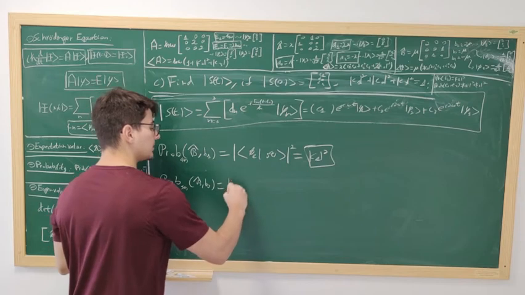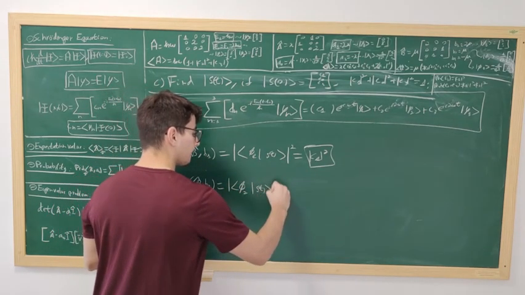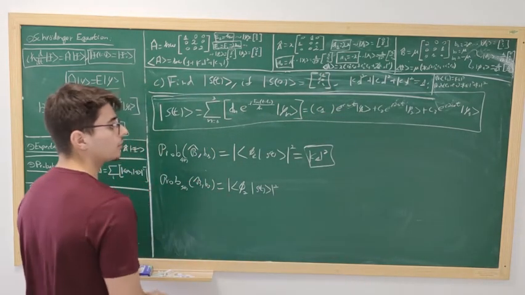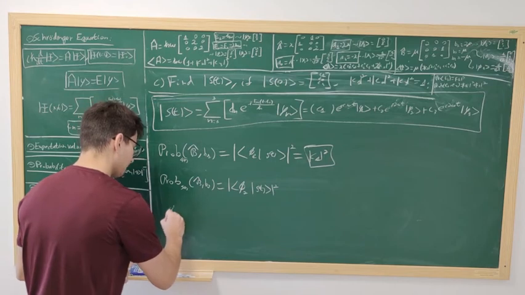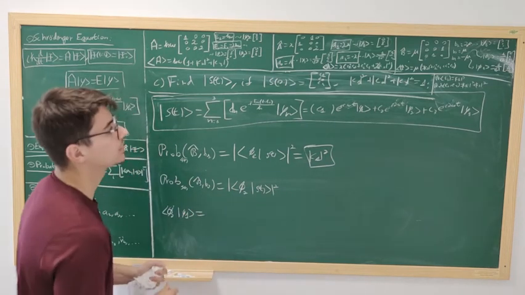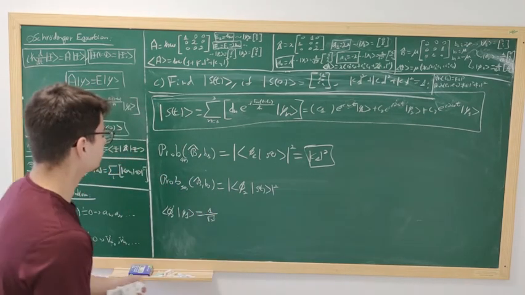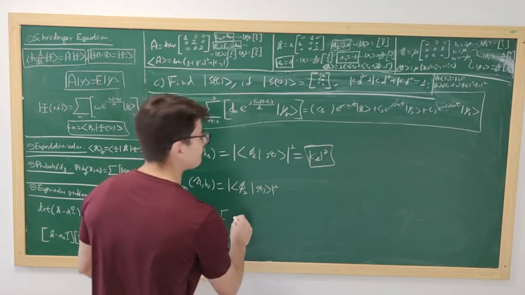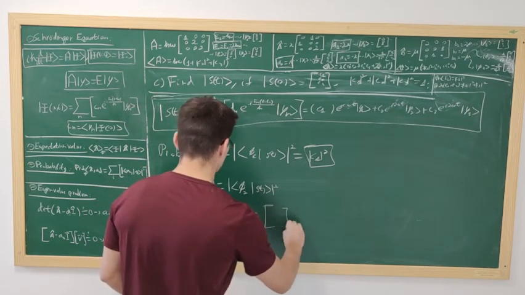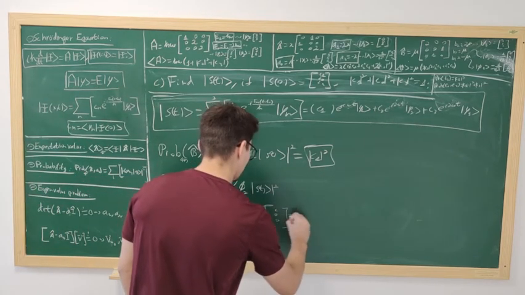For B2, we get another eigenvector, phi 2, and let's just do the product between phi 2 and phi 1. It's just 1 over the square root of 2 of 0, 1, 1 times 1, 0, 0.